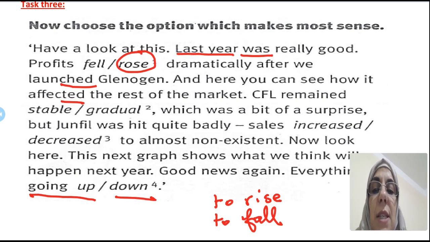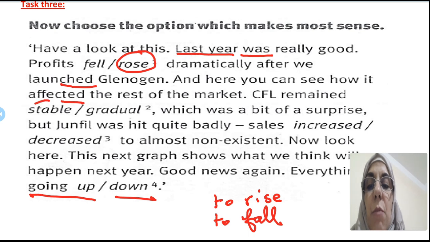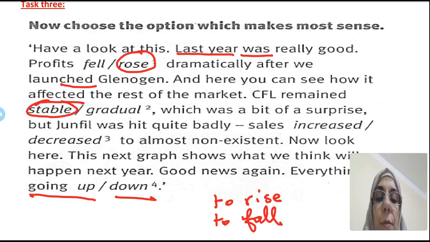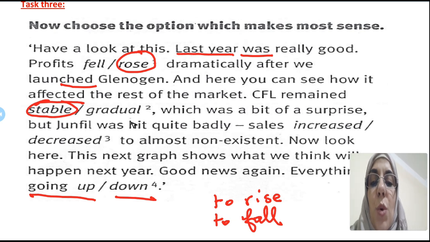And here you can see how it affected the rest of the market. CFL remained stable or gradual, which was a bit of a surprise. Remained stable or gradual? Stable. Something stable. It remained stable, which was a bit of a surprise, but Janfil was hit quite badly. Sales increased or decreased to almost non-existent.